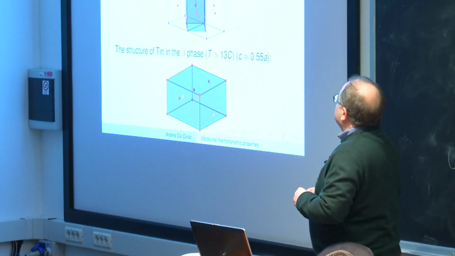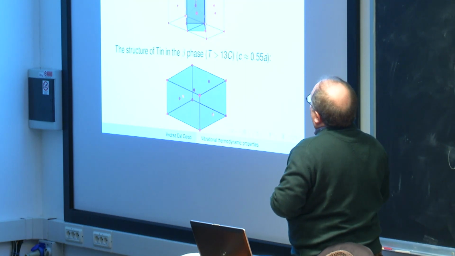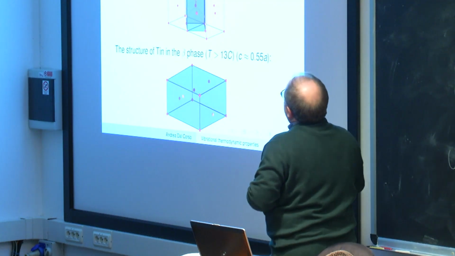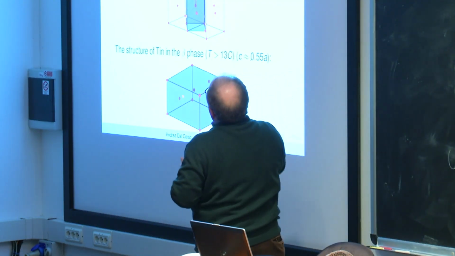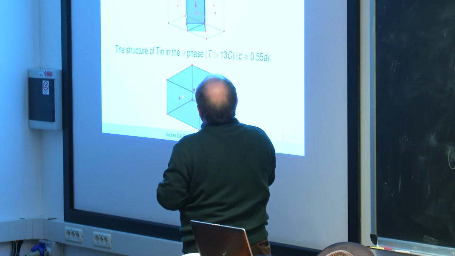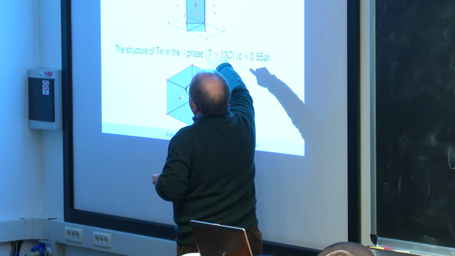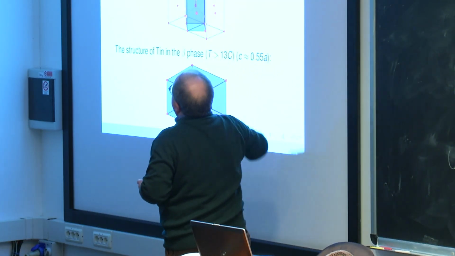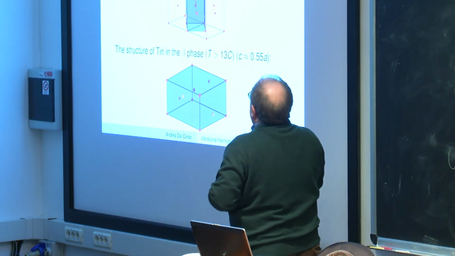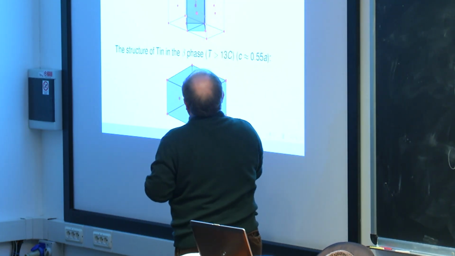An example where this kind of expression has been used is in the study of the structural transition of beta-tin. Tin at a temperature lower than 13 degrees centigrade has the alpha structure. It is like silicon, with the same diamond structure with 2 atoms per cell and a cubic unit cell.